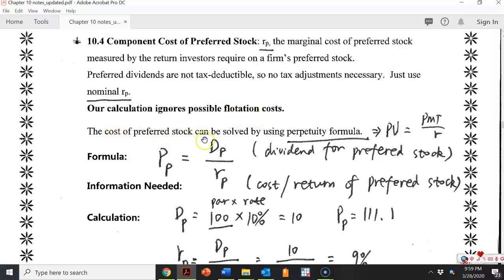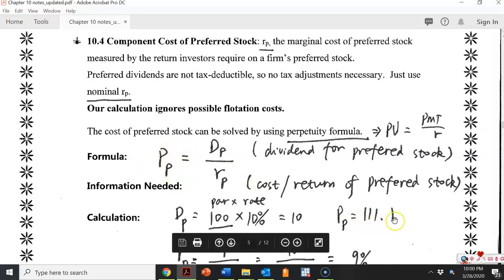The cost of preferred stock can be solved by using the perpetuity formula, which is PV equals payment over R. So here, the price for this preferred stock, PP, would be equal to DP, the dividend for preferred stock, divided by RP, the cost of preferred stock, or return of the preferred stock. From the question, we already know that our price for this preferred stock is 111.1.